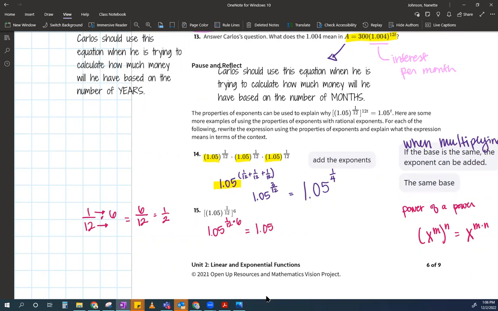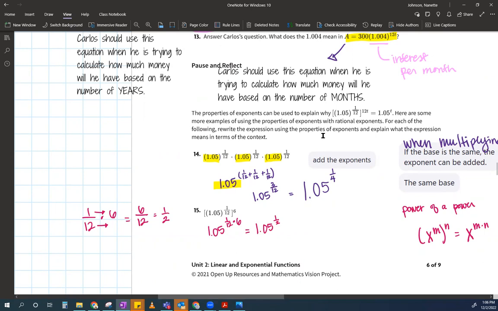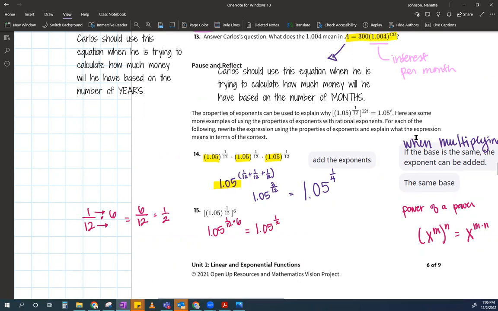Okay. So I'm going to pause really quickly because we rewrote it. And now it says, explain what the expression means in terms of the context. So number 14 has, do you guys remember what 1.05 is?